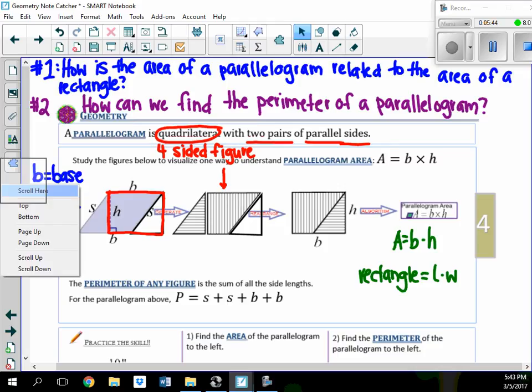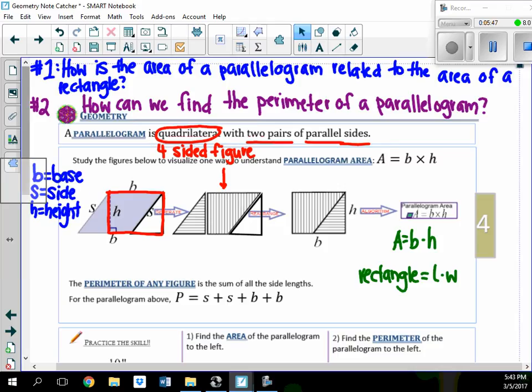Well, as a reminder, the perimeter of a parallelogram, or any figure, is the sum of all the side lengths. So it's just adding up all the side lengths. The thing that we have to be very careful about with the perimeter of a parallelogram is that we are only adding up the side lengths and not the height.